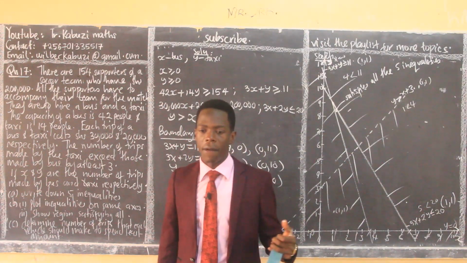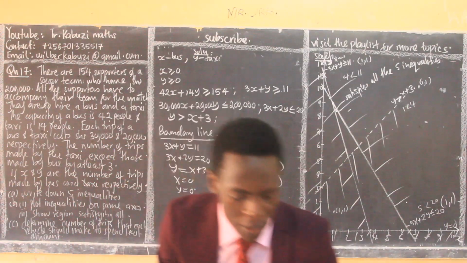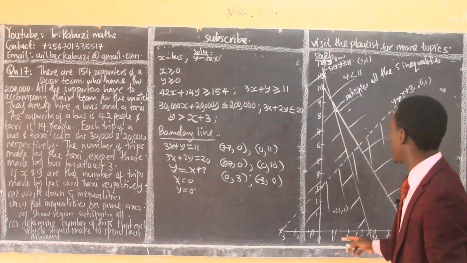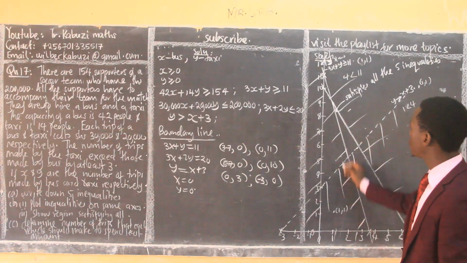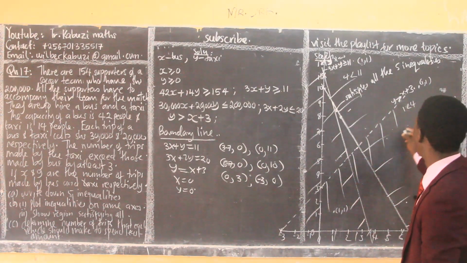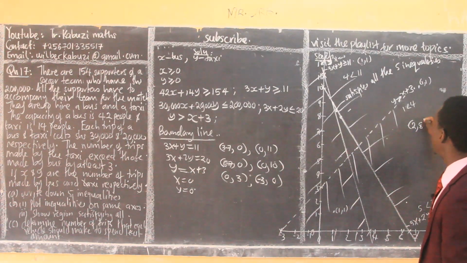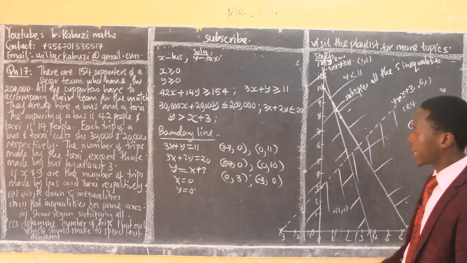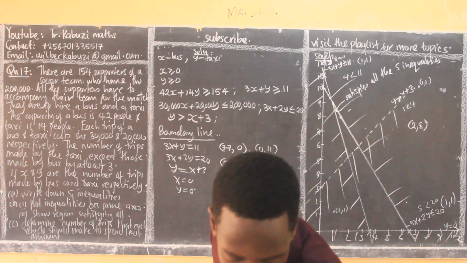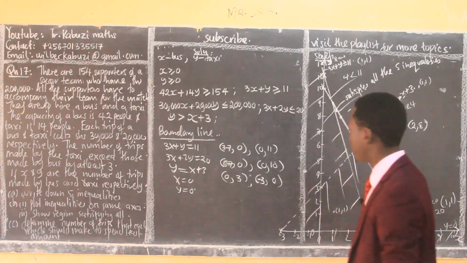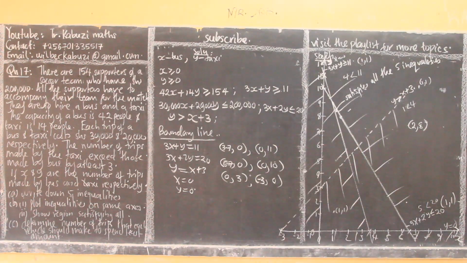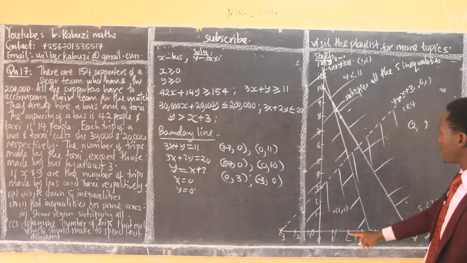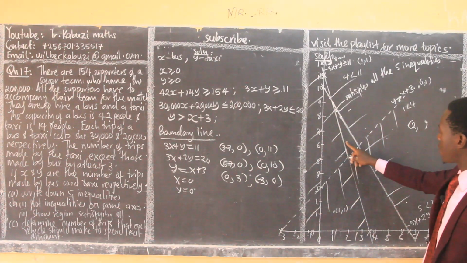Okay, then they are saying, show the number of trips that each can make. Now, if I want to do the feasible region, I want to get first of all the points. So my points here, I have (2, 8) on that line there. So the points are going to be (2, 8). Then I have, okay, let me get it. That's here. I think this is going to be (2, 6) around there.